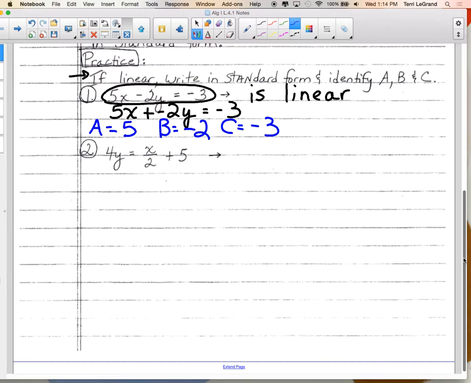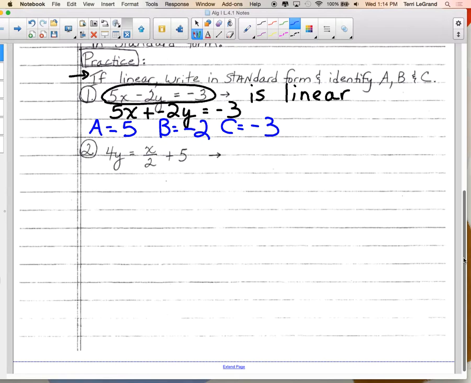Okay, in number 2, first of all, let's make that first decision: is it linear or not? No, it's not. Why not? Well, that has to do with standard form. Is it linear? Which rule does it not pass the test? Is x or y in a denominator?